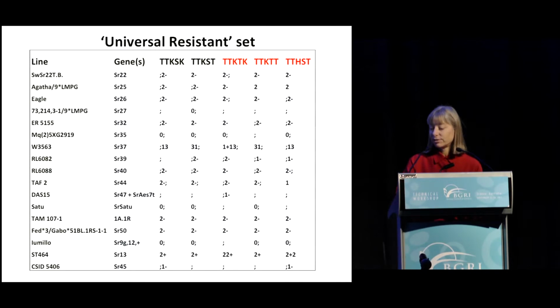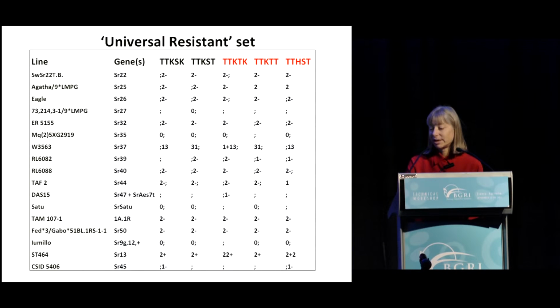The first two columns show the seedling infection types, the reactions produced by TTKSK and TTKST. These low infection types are very similar to the infection types produced by the 3 new races. So these genes, these 17 genes, remain effective against these new races. So there are sources of resistance available.